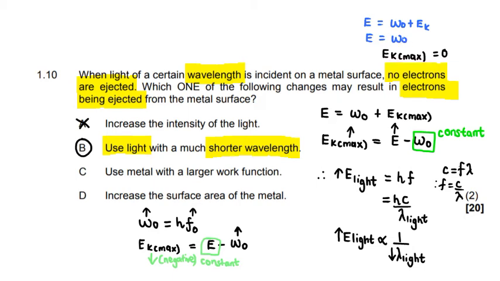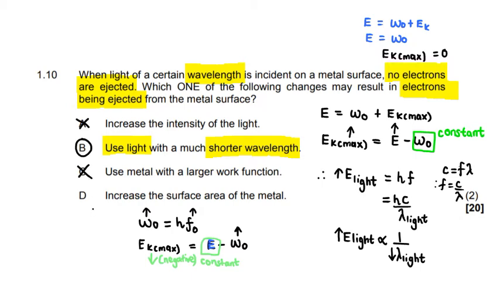That was previously. Now this E is the same E as over here. It's still exactly the same energy. Now you've increased the work function, so you're subtracting from a small value, which makes your kinetic energy negative. So that's definitely not going to eject electrons. You're making things worse, basically.